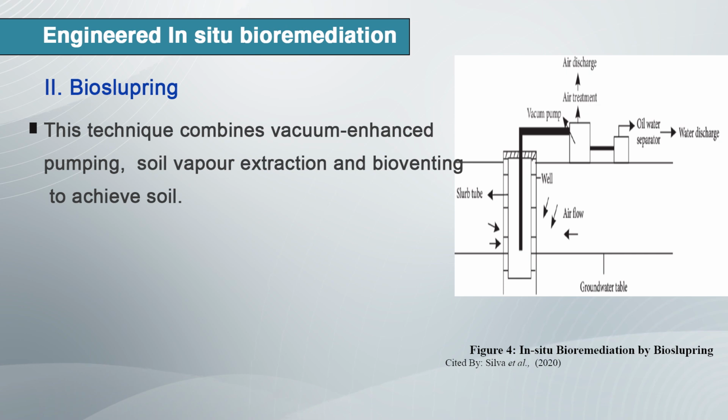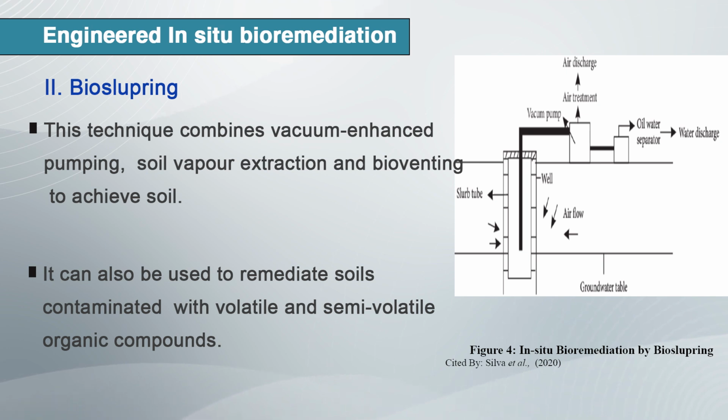Figure number 4 is showing in situ bioremediation by bioslurping. The capillary and unsaturated and saturated zones are involved in this process. It can also be used to remediate soil contaminated with volatile and semi-volatile organic compounds.